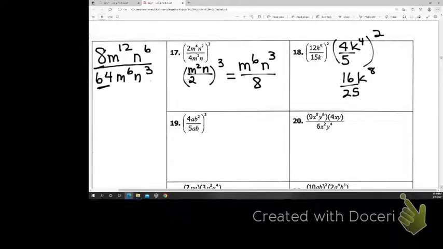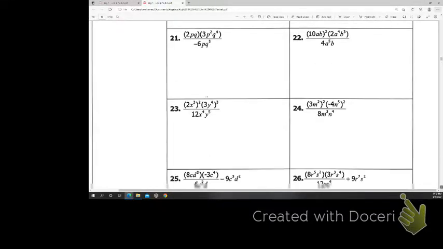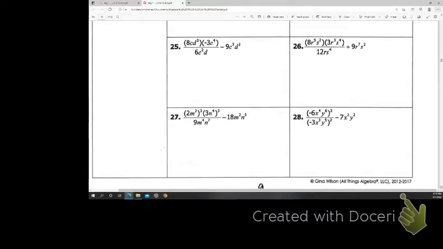Let's see, number 20. So let's look down and look at number 27 on this page, because that will be somewhat like what you're going to run into on number 20 in the homework. So we got all kinds of steps to do.